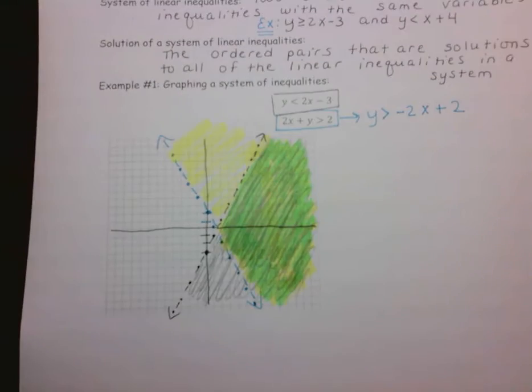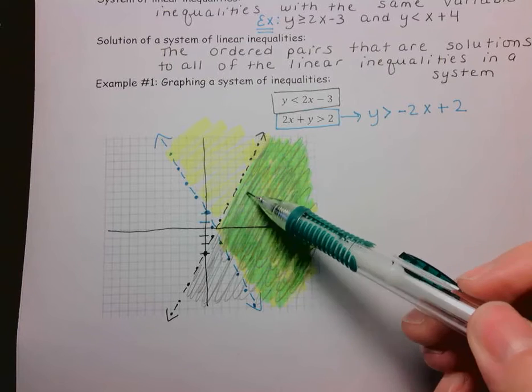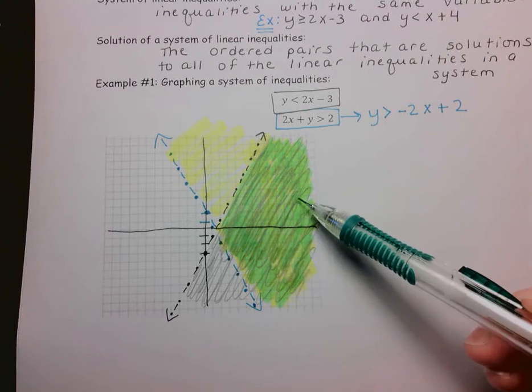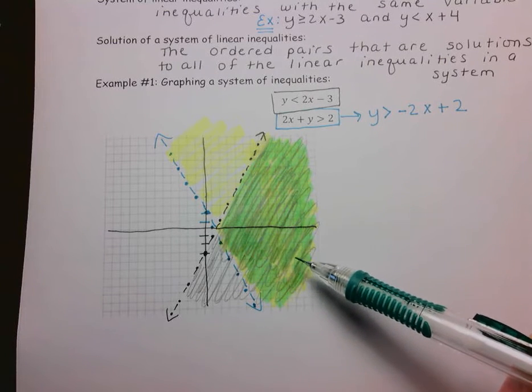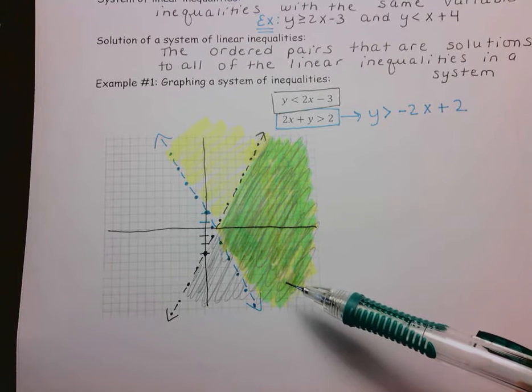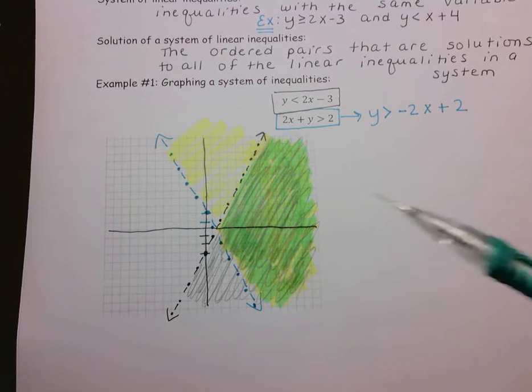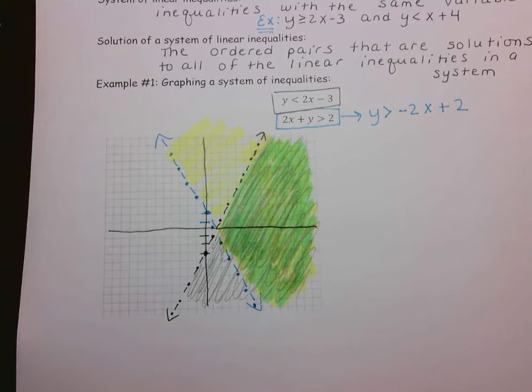The solution of this system of linear inequalities lies in this green shaded region right here, because this is their point of intersection. This green area right here consists of all of the xy coordinates that will make both of these inequalities true.